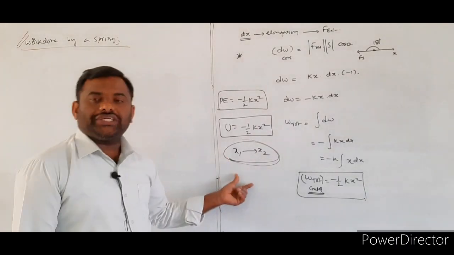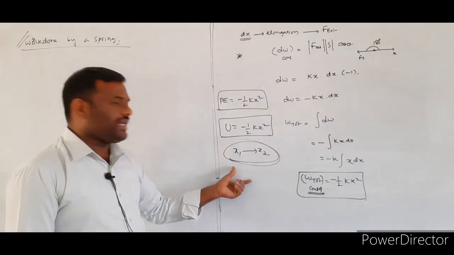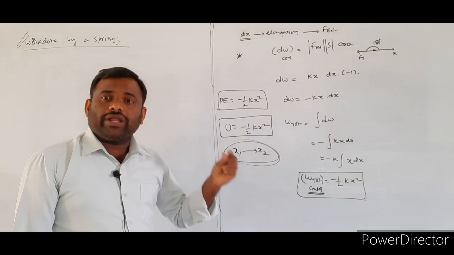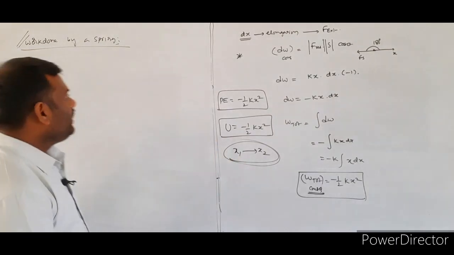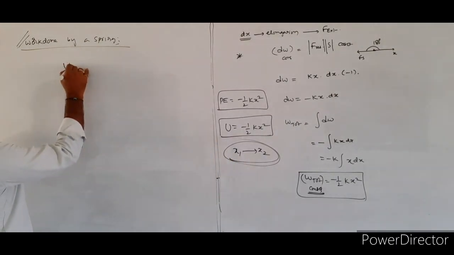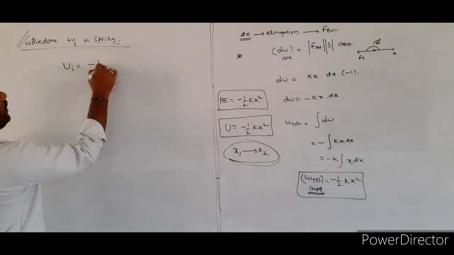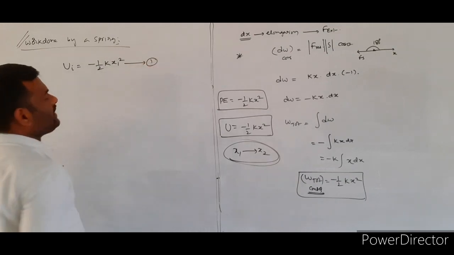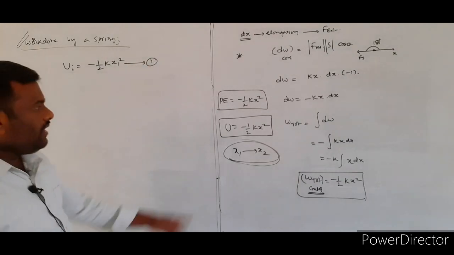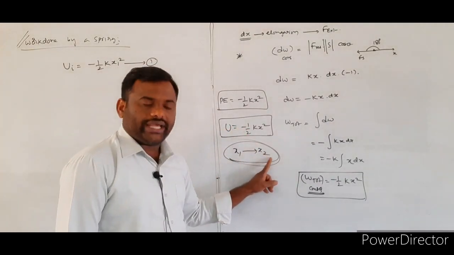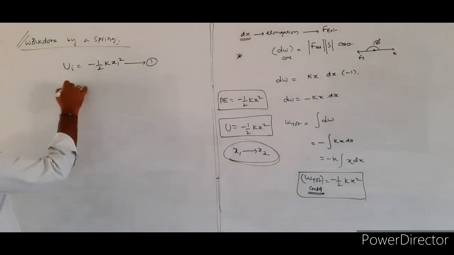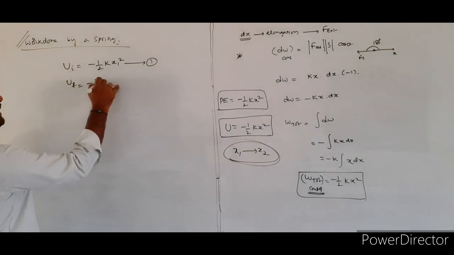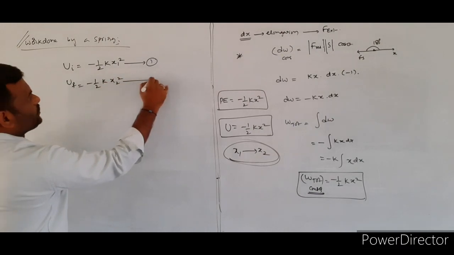Initially, the elongation of the spring is x1, so the initial potential energy of the spring, Ui, is equal to minus half into k into x1 square. The final elongation is x2, therefore the final potential energy is equal to minus half into k into x2 square.